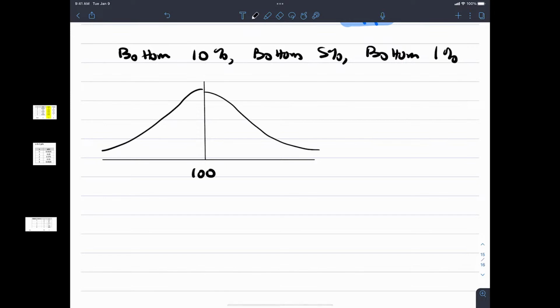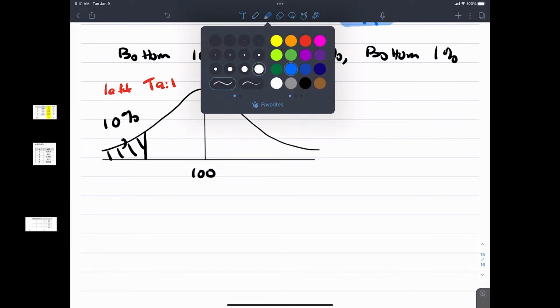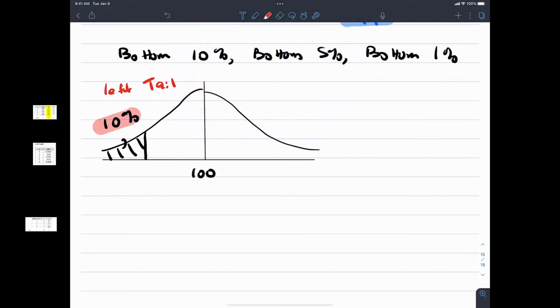100 goes here. So what do you think bottom 10% would be? Bottom 10%, this is now going to be a what? It's a left tail now, okay? That's what they mean by the bottom 10%. So that's kind of what they're talking about. What IQ score would go right in here?